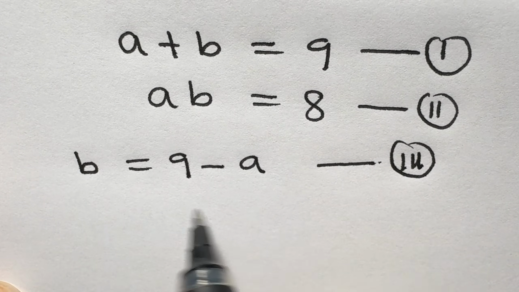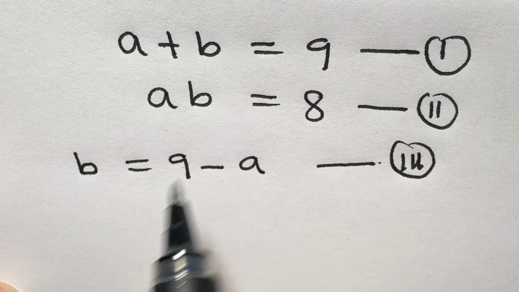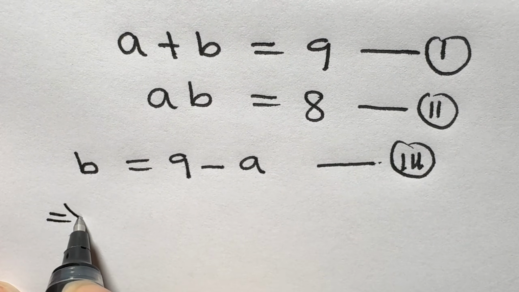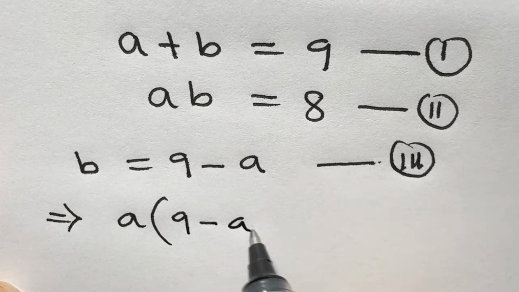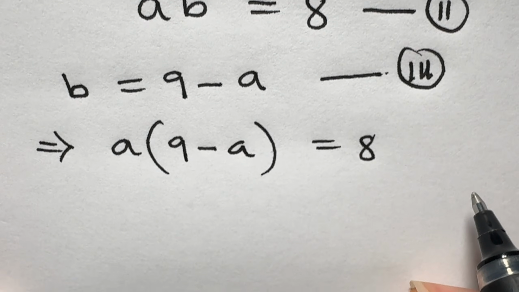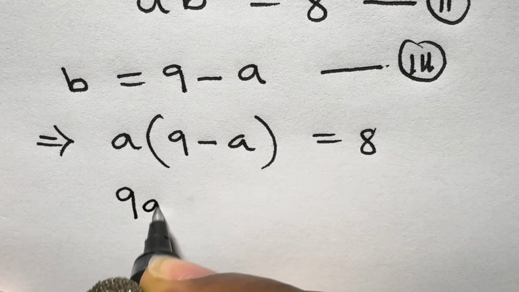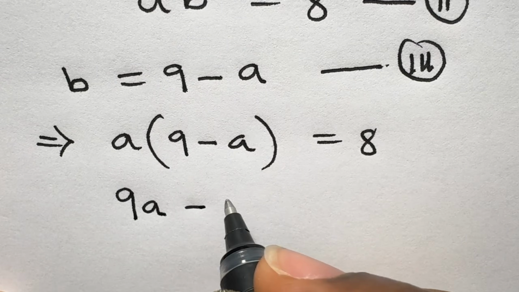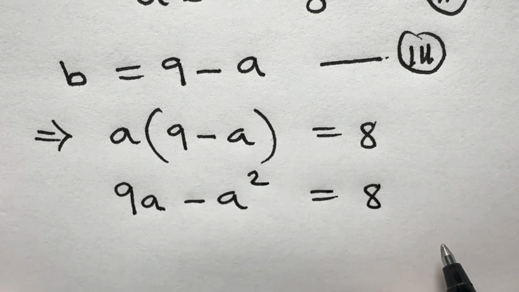So this new value for b in equation 3, I'm going to substitute it into equation 2. This will imply a times 9 minus a is equal to 8. Then I will expand this bracket. a times 9 here is 9a. Then minus a times a is a squared is equal to 8.